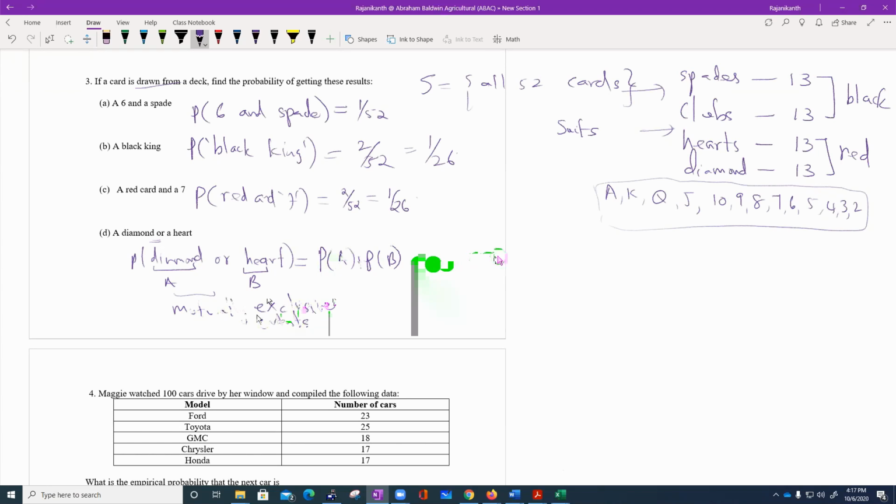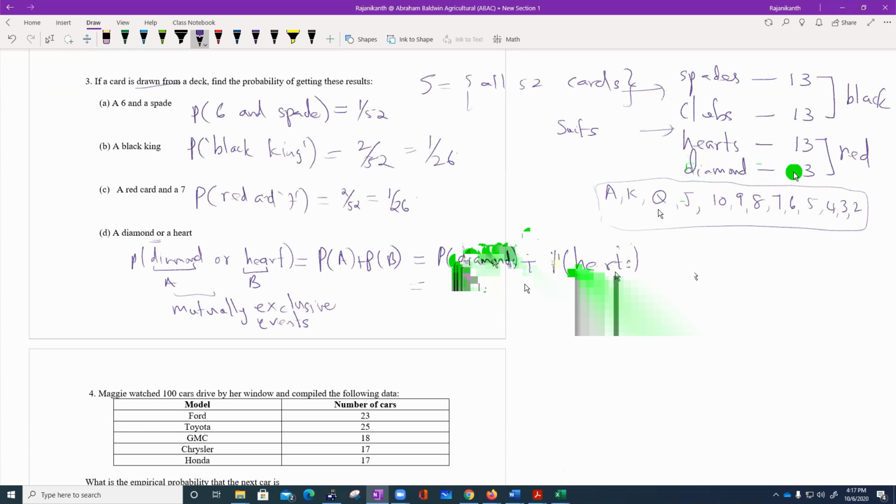Okay, so that means probability of getting diamond, that is my event A, plus the second one is probability of getting hearts. So what is the chance of getting diamond?